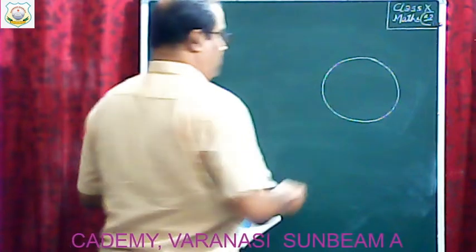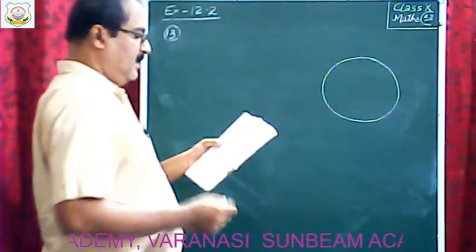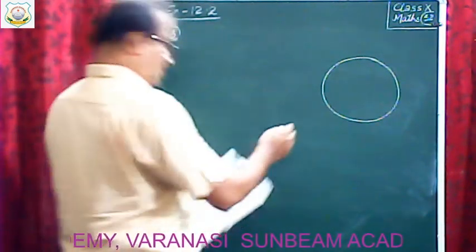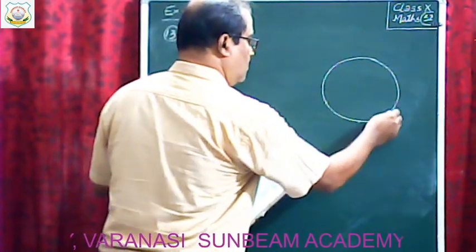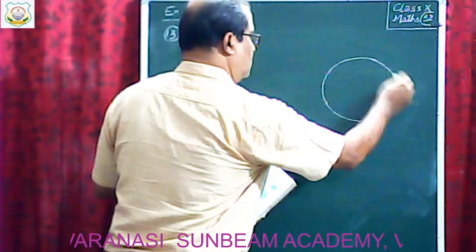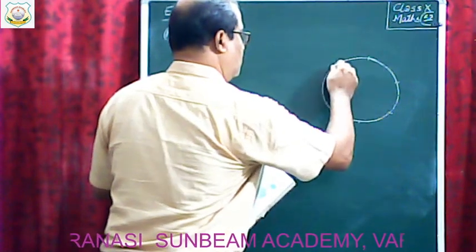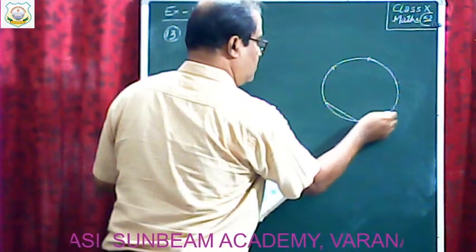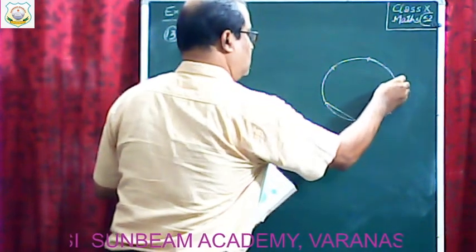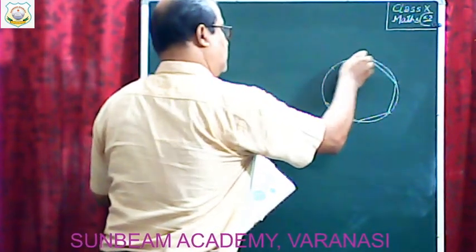Round table cover has 6 equal designs. 1, 2, 3, 4, 5, 6 designs are there. Figure is given.